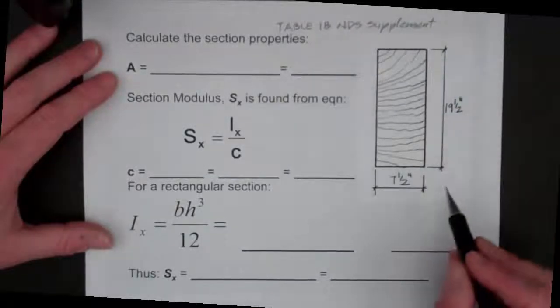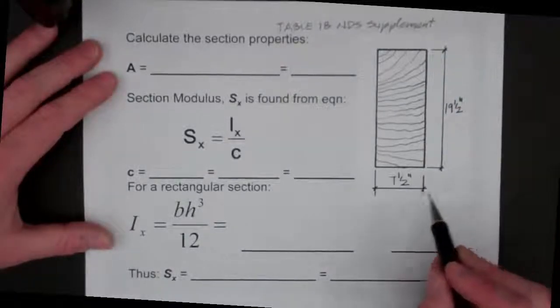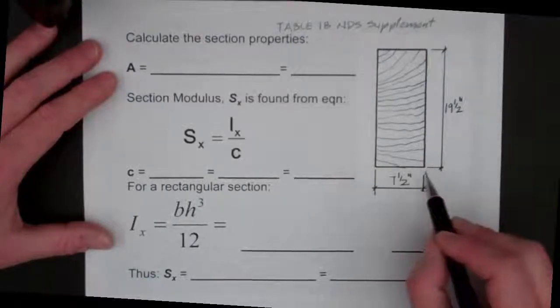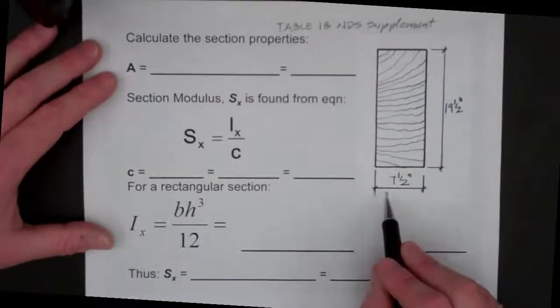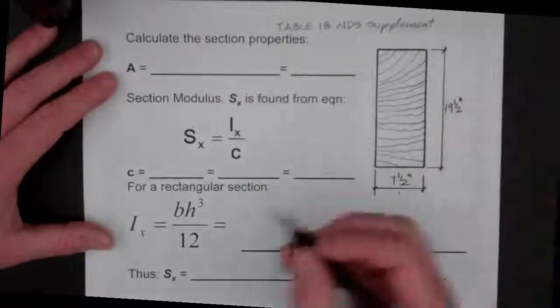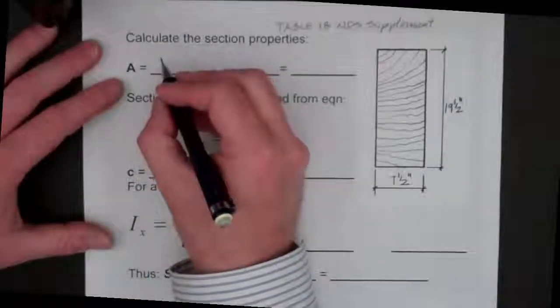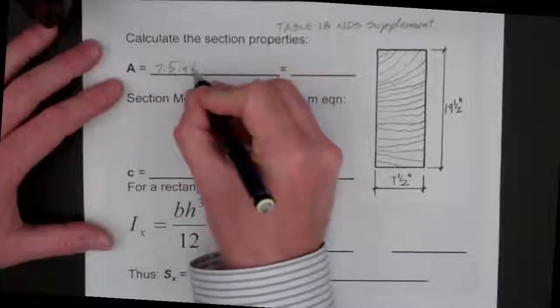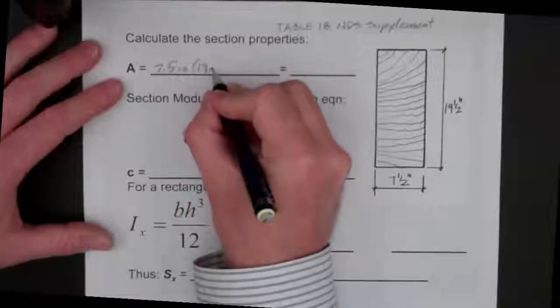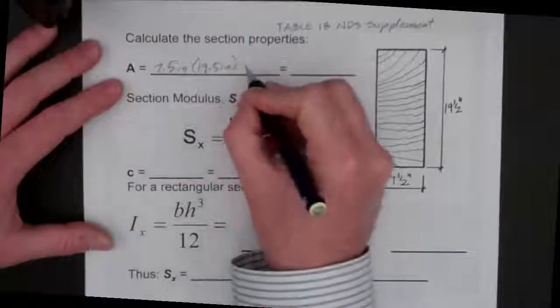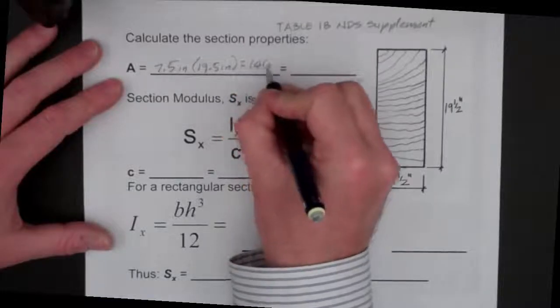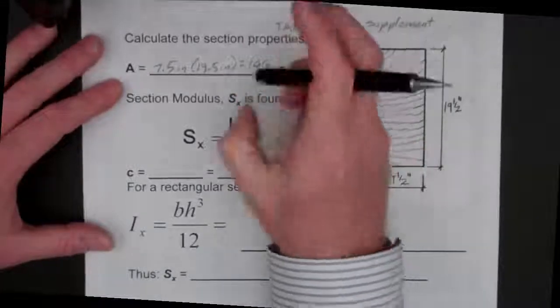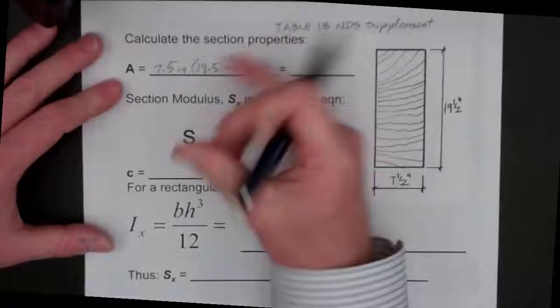For an 8x20 beam, the cross section is actually 7.5 inches wide by 19.5 inches deep. So our area is 7.5 inches times 19.5 inches, which gives an area of 146.25 inches squared.